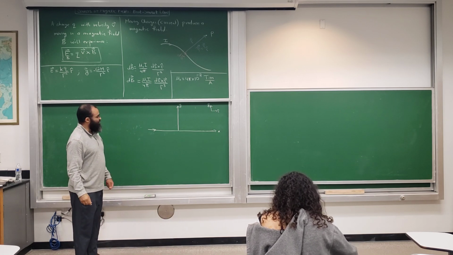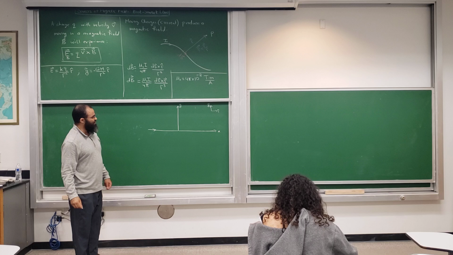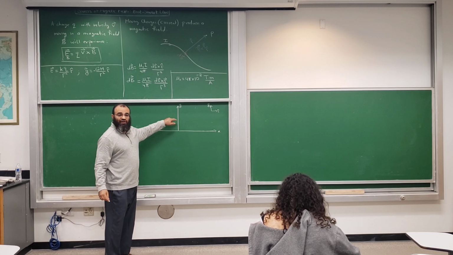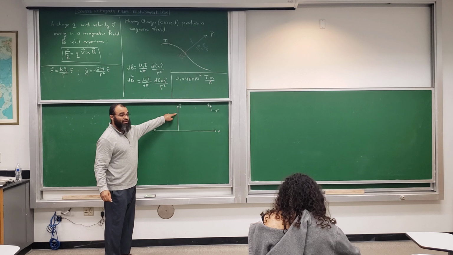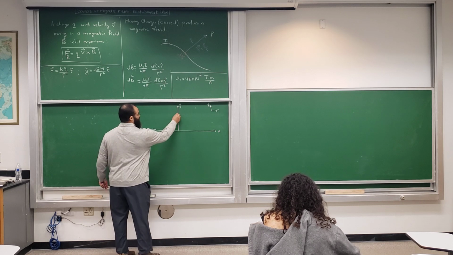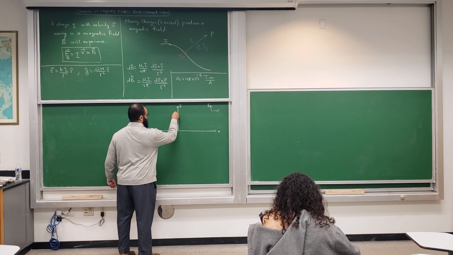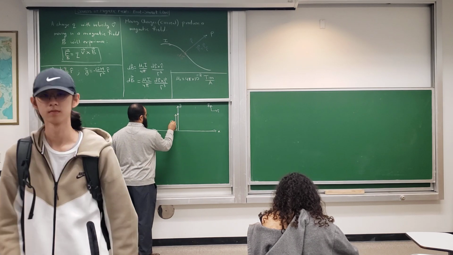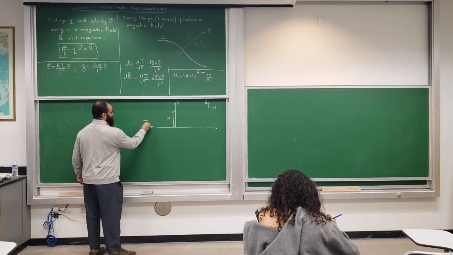I would like to know what's the magnetic field due to this wire at the point here. Let's say that point is a distance a from here. This is distance a, and the current running is I.